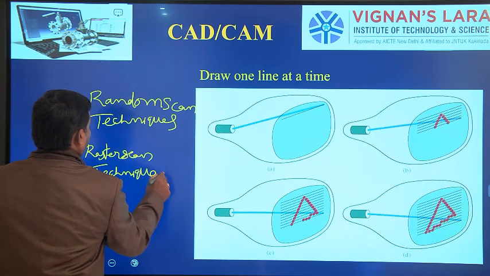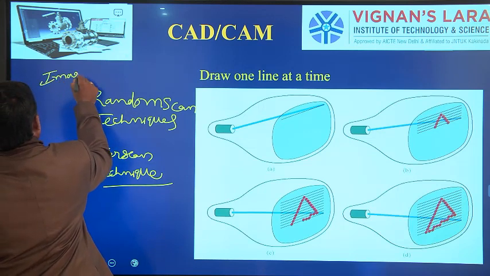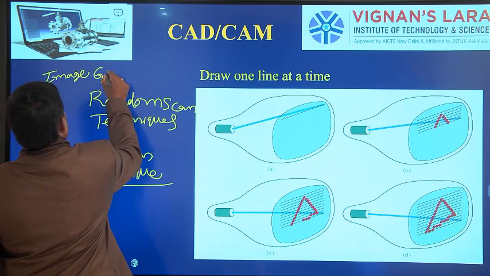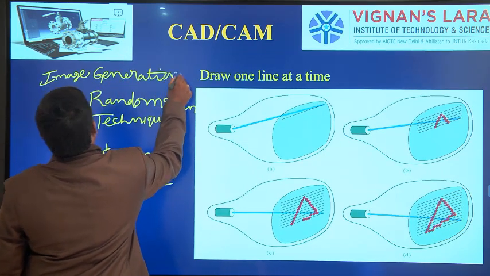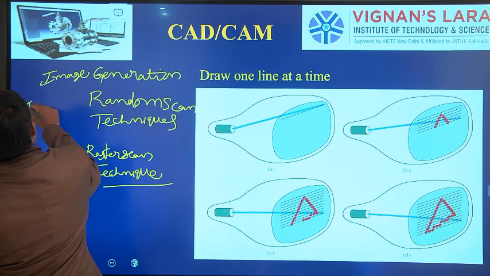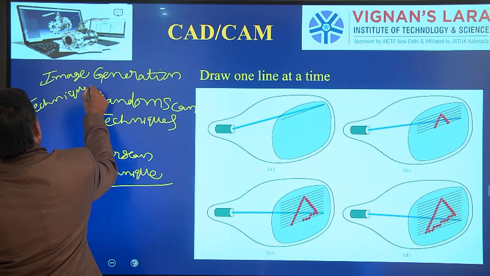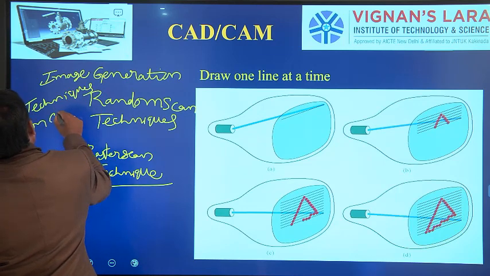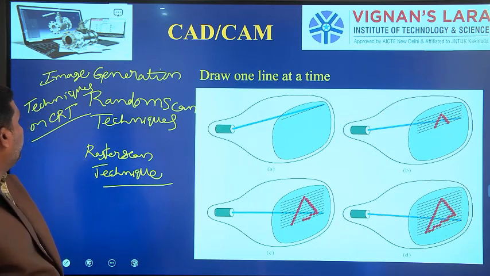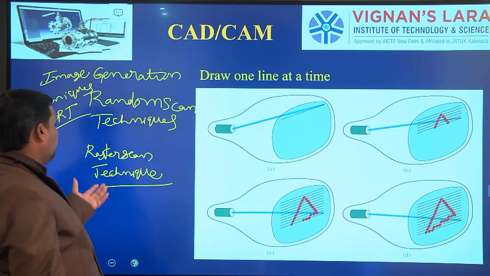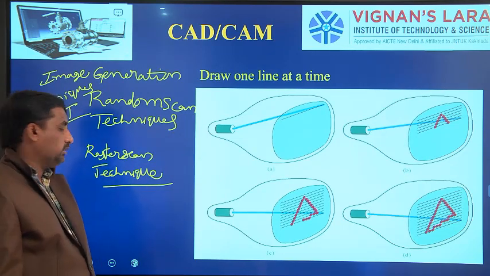Both of these you should learn. These are image generation techniques on the CRT, the cathode ray tube. One is random scan image generation, and the next one is raster scan image generation. Here a simple example has been given.